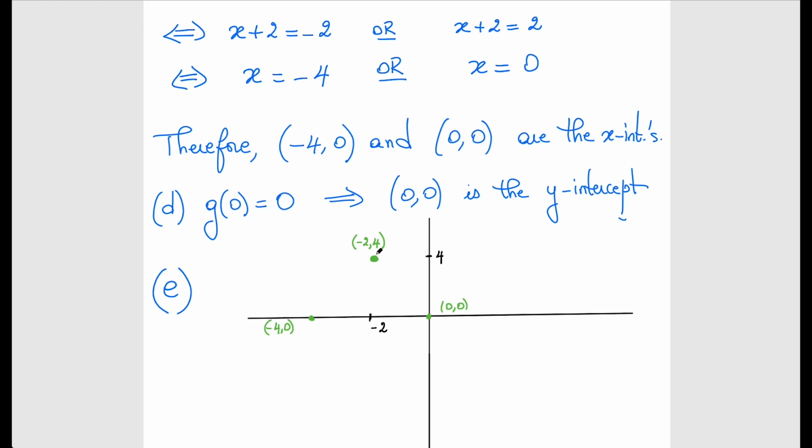Correct? So the function technically is going to be a parabola that opens downward, and it's going to go through these points. So something like this. Again, with a grain of salt, it's not very accurate, but it should look like a parabola. Okay, so something like this.